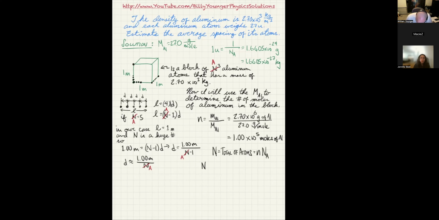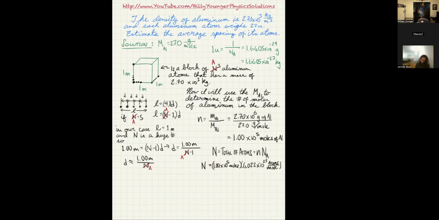Anyway, we're going to get the total number of aluminum atoms by taking this 1.00 times 10 to the fifth moles and multiplying that by Avogadro's number, which is 6.022 times 10 to the 23rd atoms per mole.